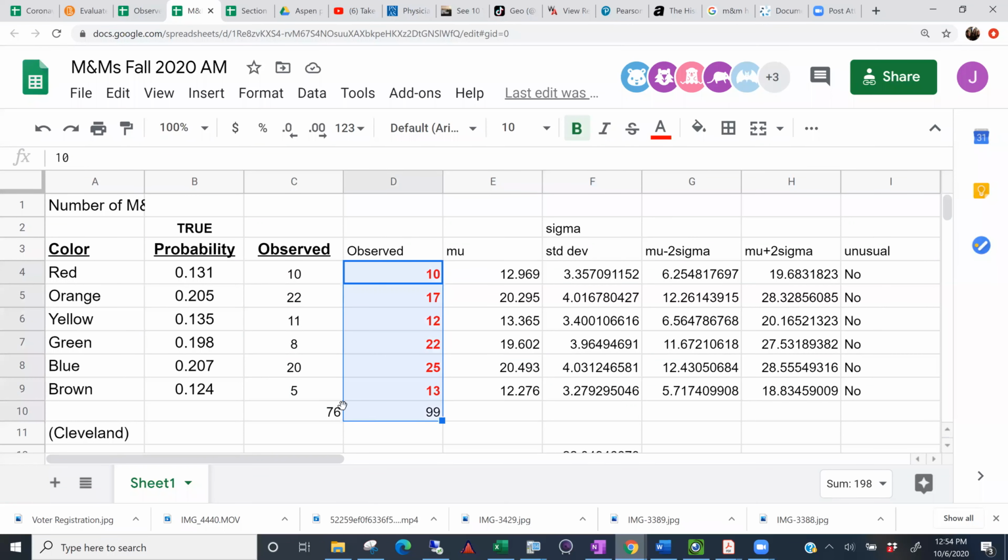Okay. So I could modify my table here to reflect 76.